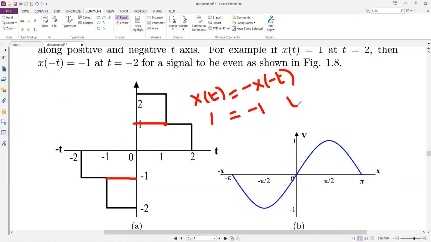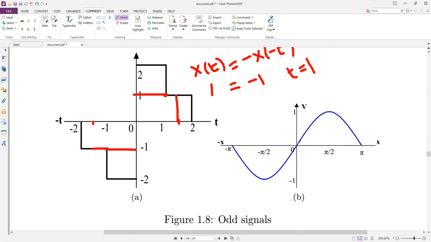Similarly, if you look at this particular point at 1.5, the signal will have a value of 1. Similarly, at minus 1.5, the signal will have a value of minus 1. So this is actually the definition of an odd signal. That is, a signal is equal and opposite to itself.